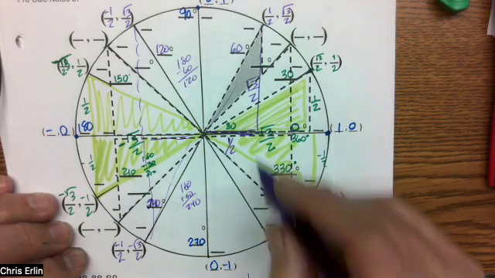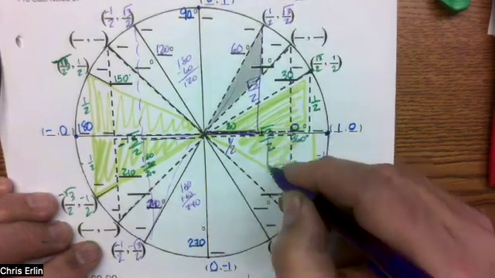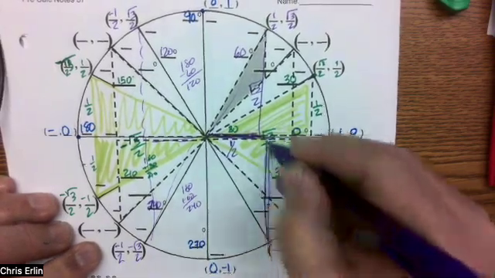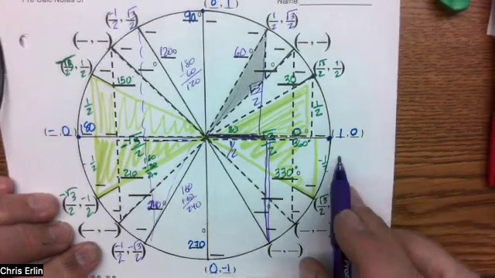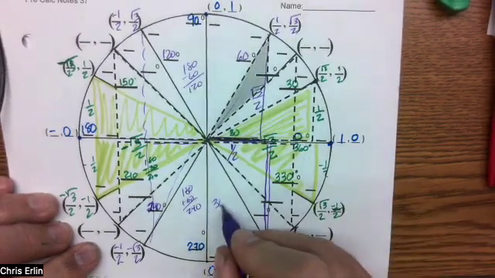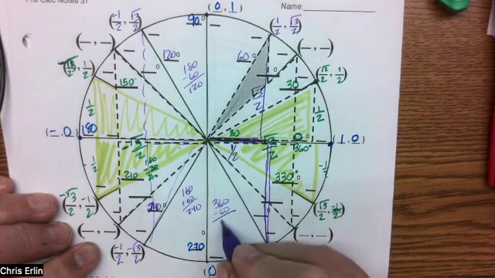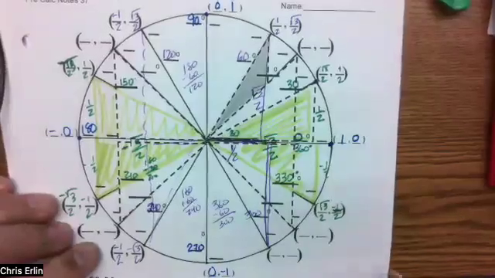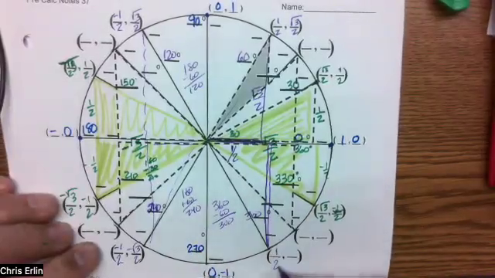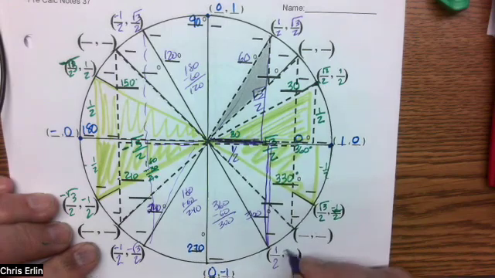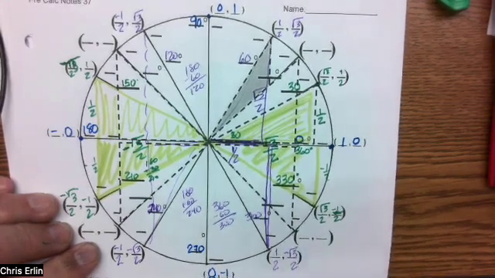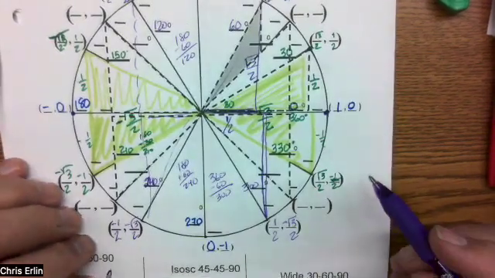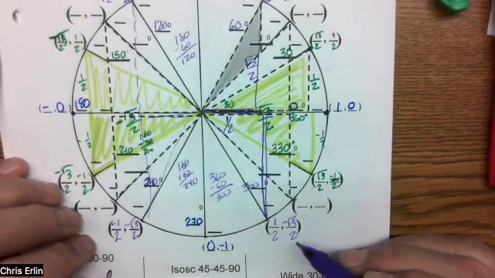Okay, would you guys all please fill in the next one here by yourselves? We got 1/2, negative root 3 over 2, right?